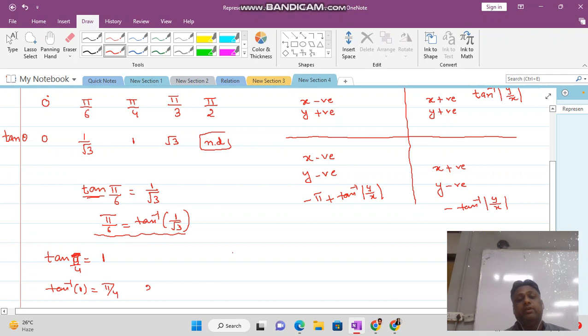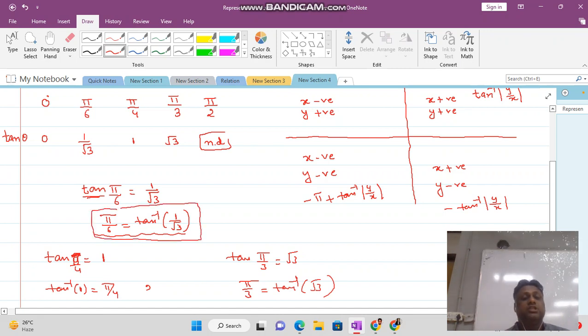Likewise, tangent of pi by 3 is under root 3, so pi by 3 equals tangent inverse under root 3. These things will be used while solving questions. So pay attention: tangent inverse 1 by under root 3 is pi by 6, tangent inverse 1 is pi by 4, and tangent inverse under root 3 is pi by 3.